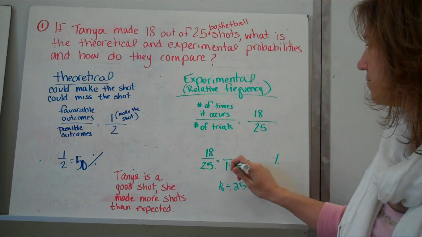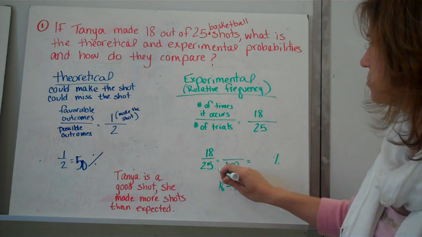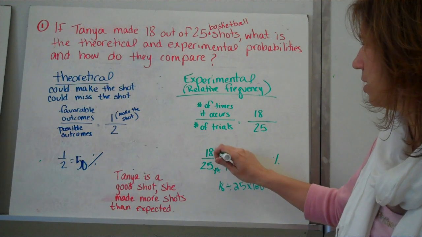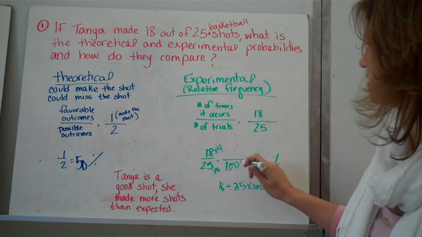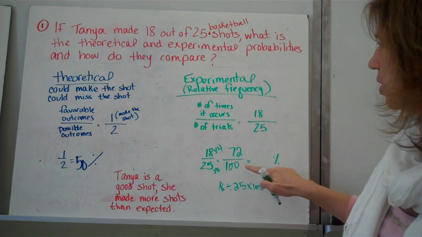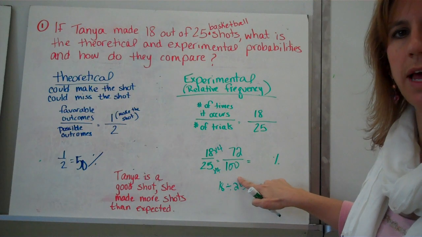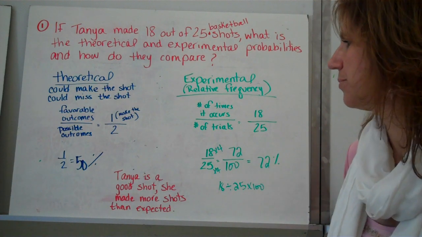You can also change it this way: does 25 go into 100? Sure. Times 4. Whatever you do to the bottom, you do to the top. And 18 times 4 is indeed 72, right? And therefore, 72%, remember percent means out of 100, so it would be 72%.